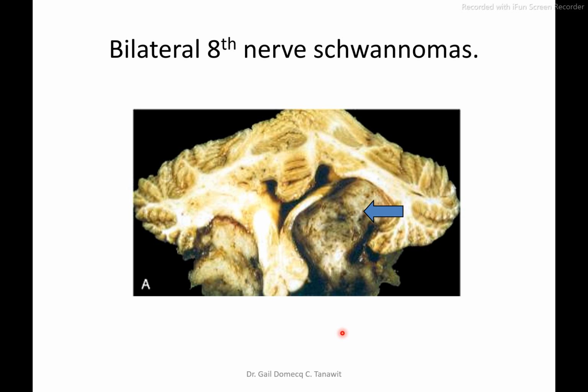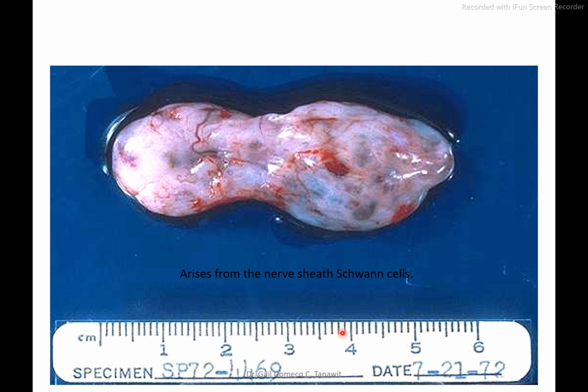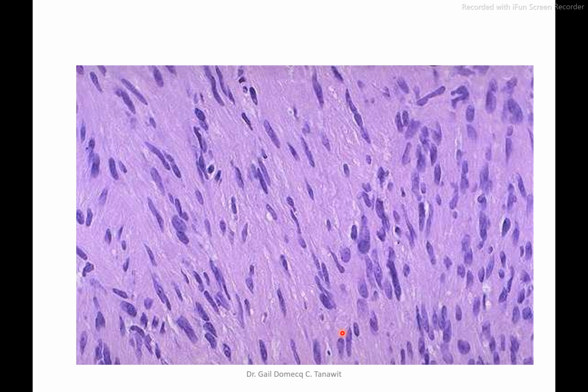That's the lesion, and there are two of them. This is the Schwann cells, schwannoma arising from Schwann cells. It's made up of a spindle cell tumor, eosinophilic, with wavy nuclei.